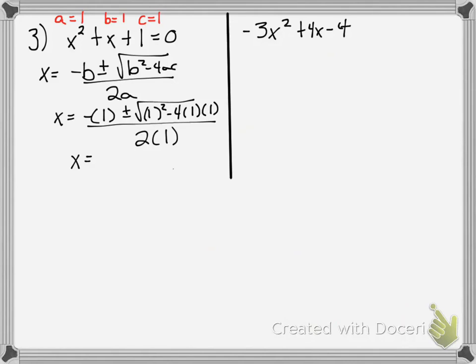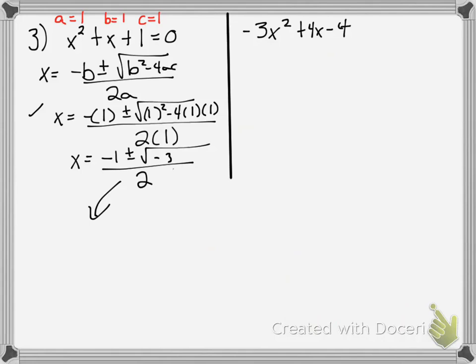So x is equal to negative 1 plus and minus my discriminant of negative 3 over 2 times 1, which would be 2. So I have everything worked out from this first step, so now I need to switch to the plus and minus mode.